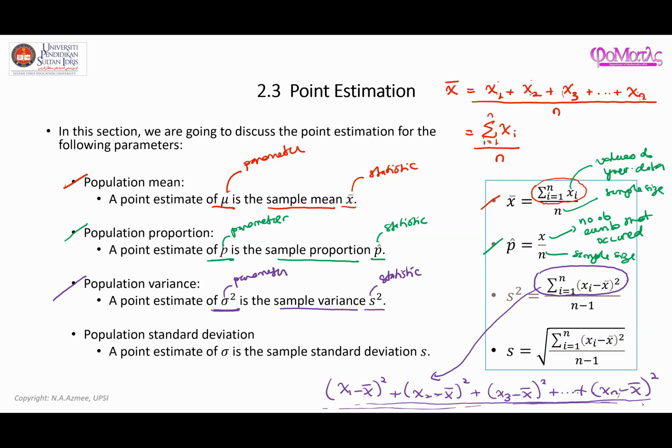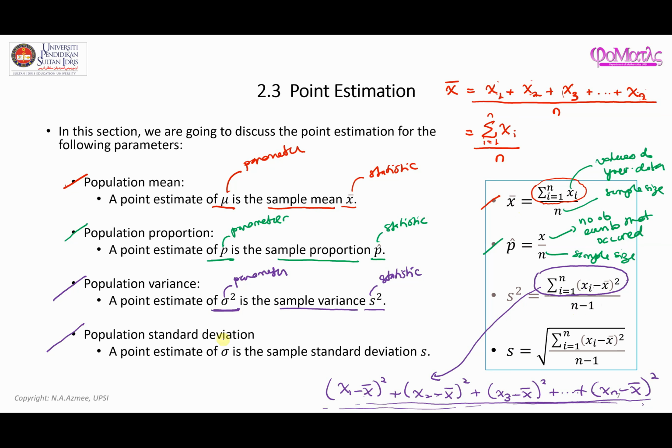As simple as that. Right, now next, you can see that x bar here is the sample mean, which comes from this one. So x bar is the sample mean, xi are all your data values, and at the bottom part, the denominator, is n minus 1, the sample size minus 1.